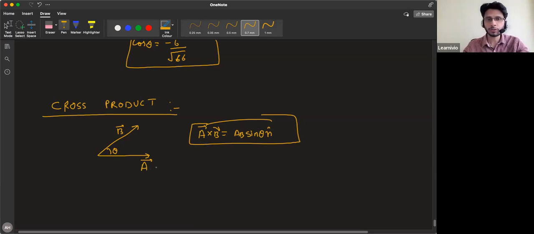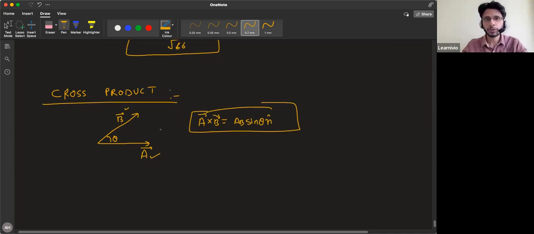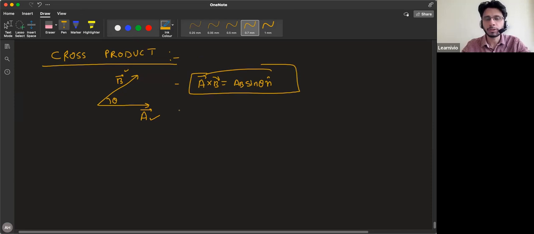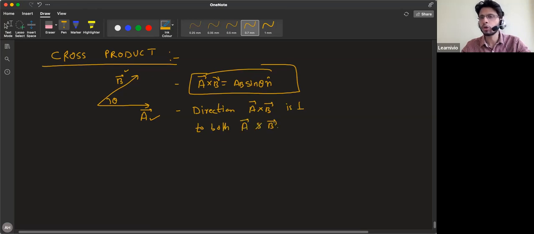This is the direction of A. This is the direction of B. You need the direction of A cross B. The direction of A cross B is perpendicular to both A and B. So perpendicular to both A and B means it's either outwards or inwards.